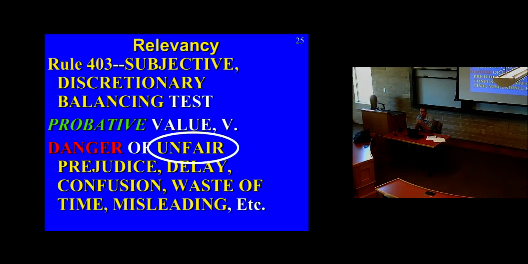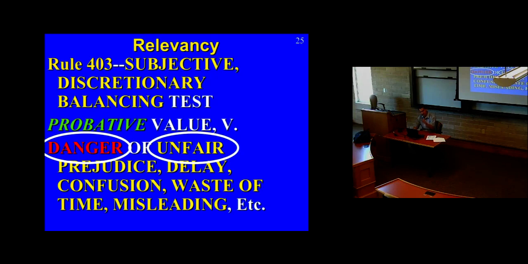It has an unfair effect, and therefore that's what we're worried about. That legitimate prejudice of probative value versus the illegitimate, unfair prejudice, and that's what you're weighing against one another. Also, the judge doesn't need to prove this beyond a reasonable doubt or anything. All the judge needs to find is that there is a danger, a likelihood, a possibility, a potential of this occurring.